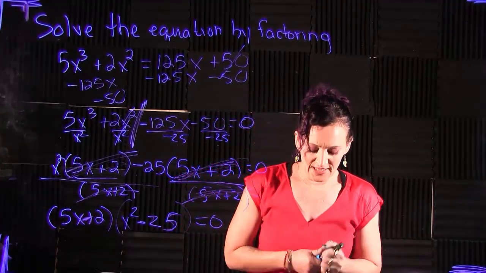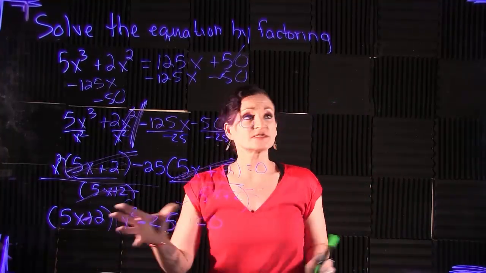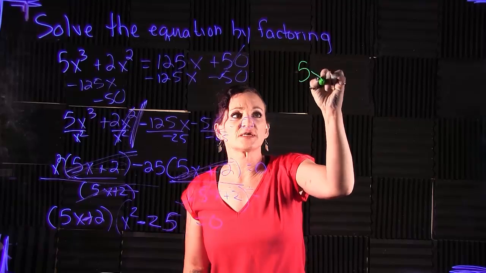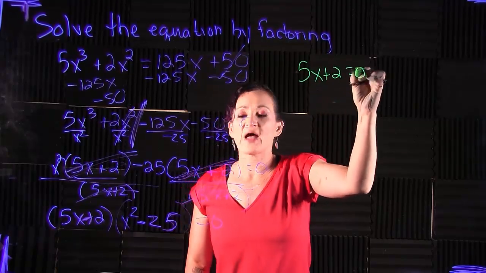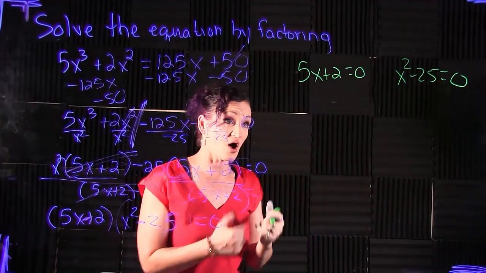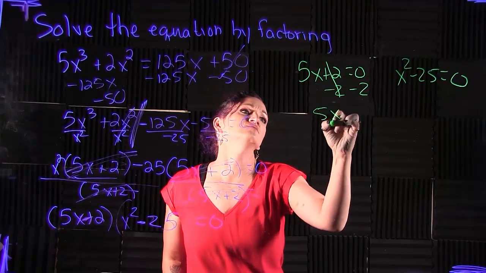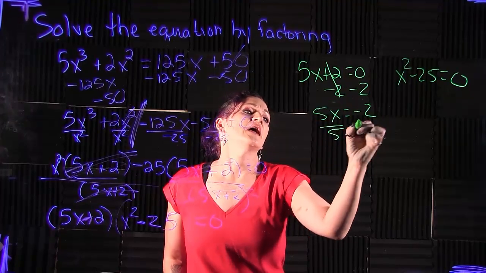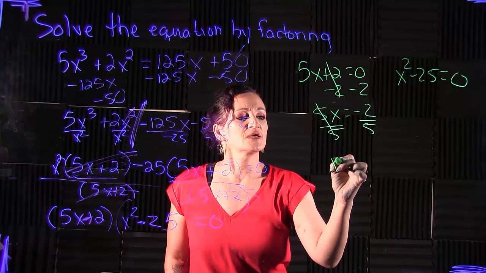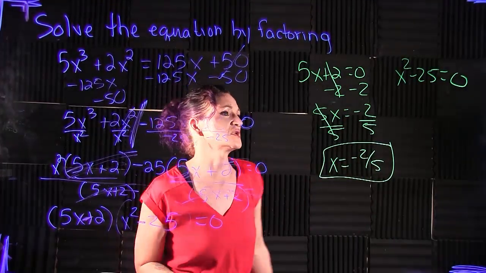Okay, at this point, we have a factored problem. This is the zero factor property that tells us that we can split our factors up, set them each equal to 0, and solve. Solving the left equation, we're going to subtract that 2 to the other side and divide out the coefficient to get x is a negative 2/5 as our first solution.